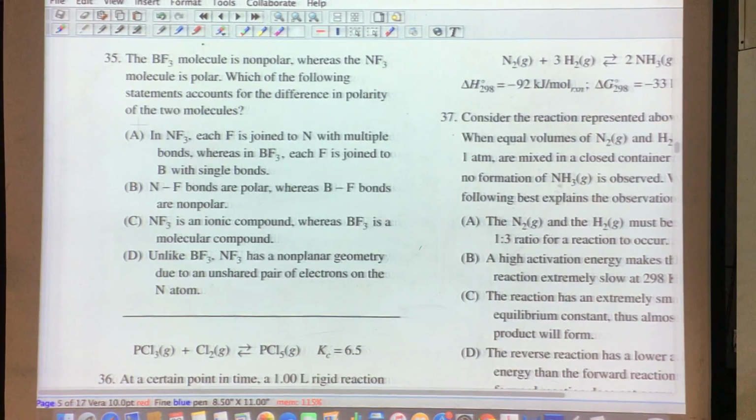In NF3, F is joined to an N with multiple bonds. Why would a multiple bond affect the polarity? It's got nothing to do with if you got a singular polar bond. It's got to do with the what? The three-dimensional arrangement. Okay. So we're getting rid of the option saying NF are polar where these are nonpolar.